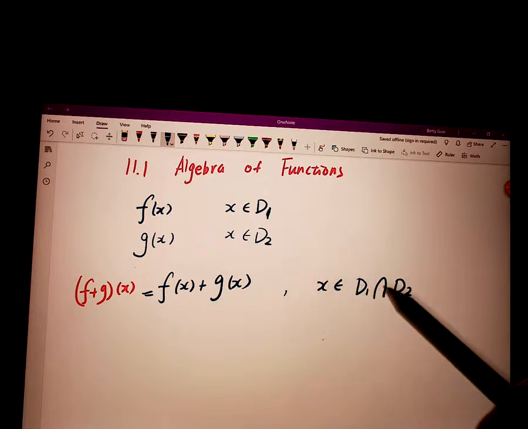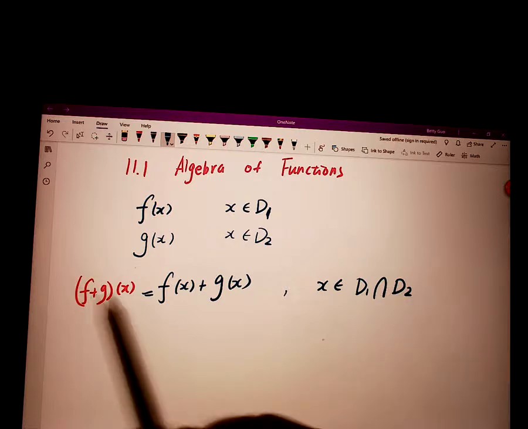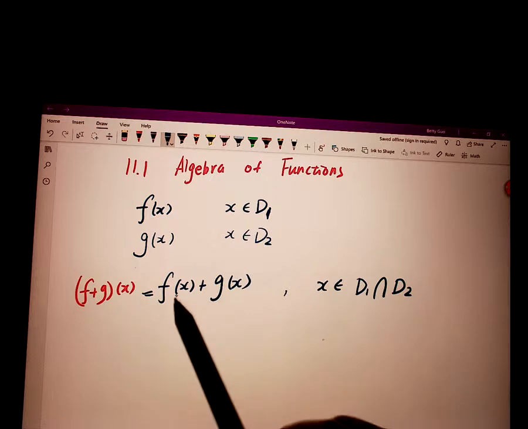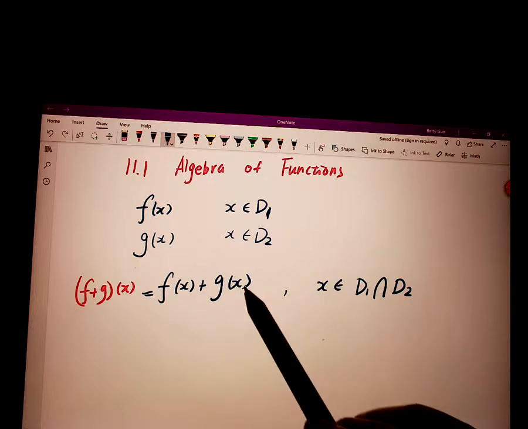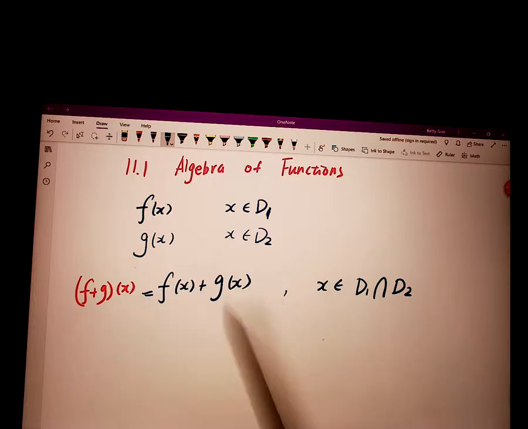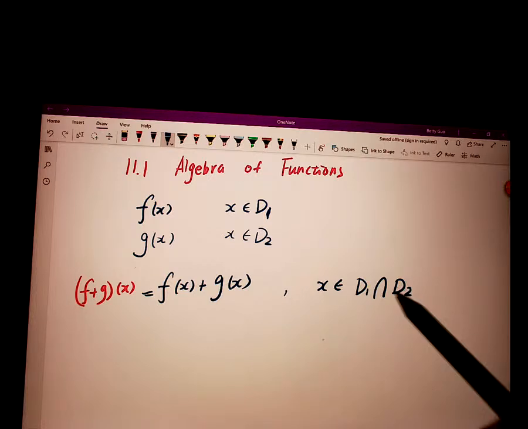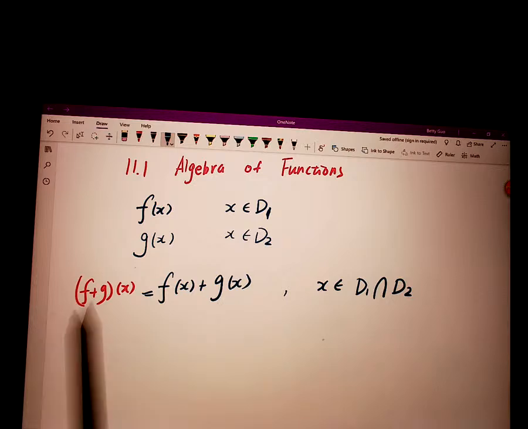It's pretty easy to understand because in order for (f + g)(x) to be well-defined, we require f(x) is well-defined, g(x) is well-defined. So the domain of the sum function is the intersection or the overlapping part of the two domains. For those x, both of the two functions are well-defined, then that makes the sum function well-defined as well.